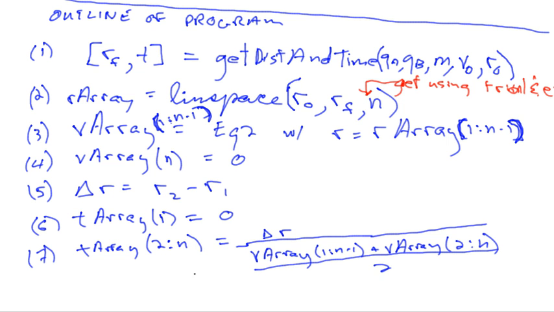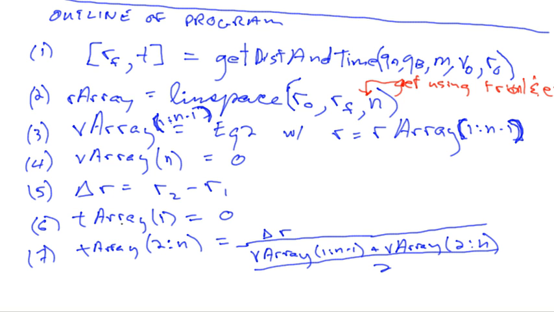So in other words, the first element that I put over here is going to be T array of 2. What it's going to get in it is the distance between any two adjacent particles divided by the average velocity. It's going to do it for every element in the array, but the first element is going to be the first element of the array and the second element added together divided by 2.